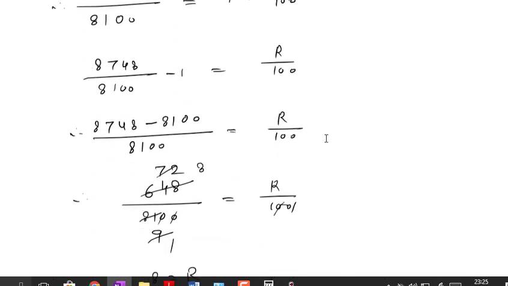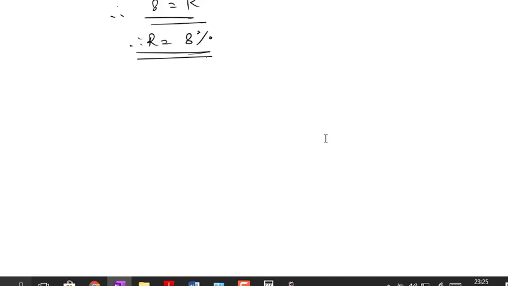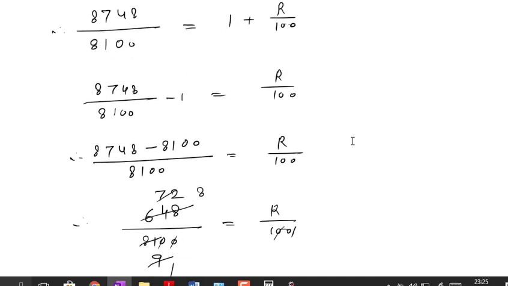So I will say now A5, A5 we know. Now A5 is P into 1 plus R upon 100 the whole power 5. Therefore, the value of A5 is 8100.